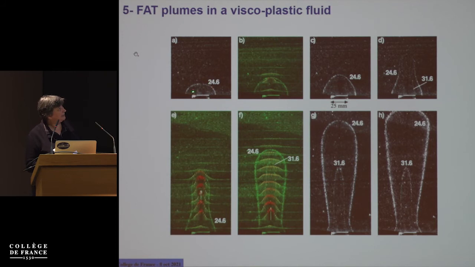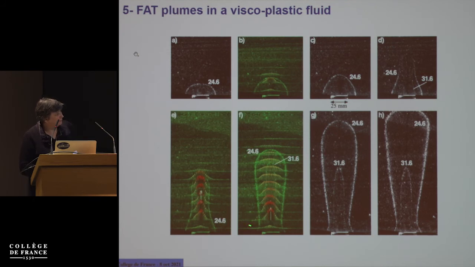So what is happening is that I'm building by purely thermal conduction a pocket of hot fluid, and this hot fluid is intrinsically buoyant. And so when the hot pocket is big enough, the buoyancy of my hot pocket is going to be big enough to overcome the yield stress, and then you have a plume that is going up.